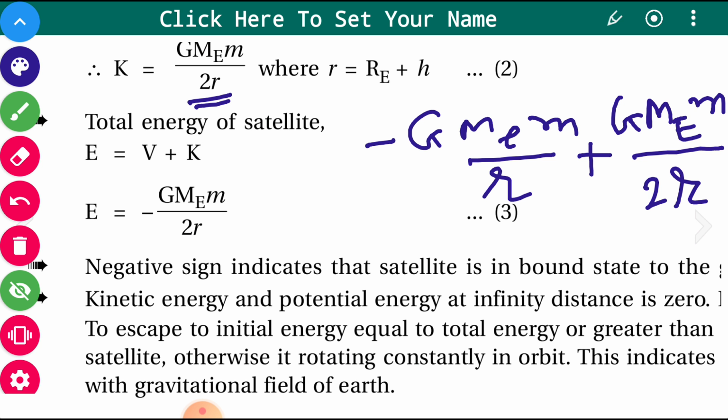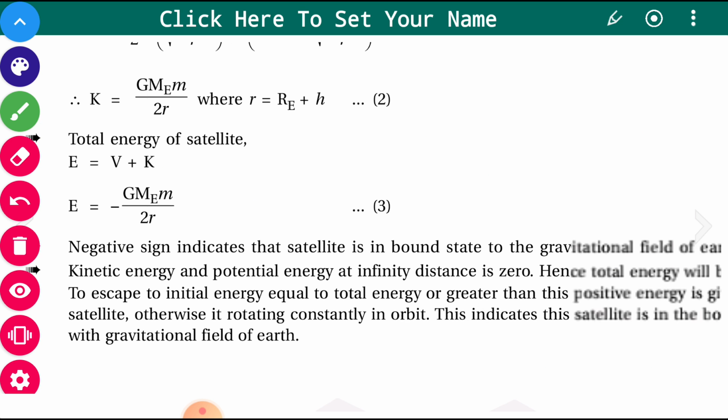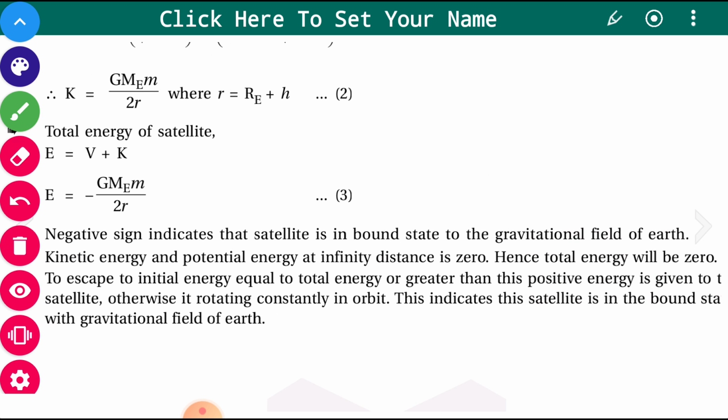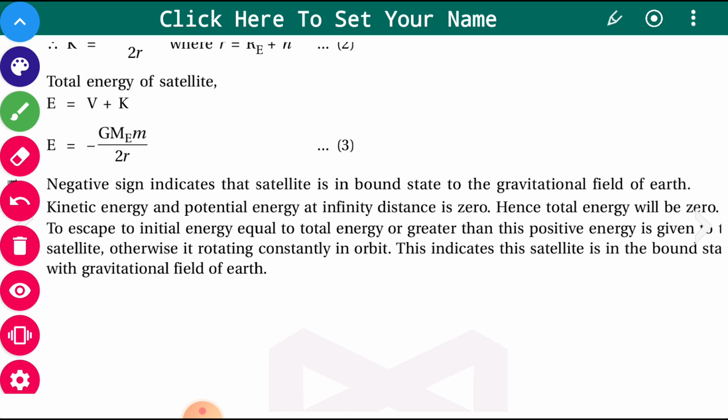If you simplify this, the total energy obtained is minus G Me m upon 2r. This negative sign shows that it is the binding energy of the earth and satellite system. The negative sign indicates that the satellite is in a bound state in the gravitational field of the earth.